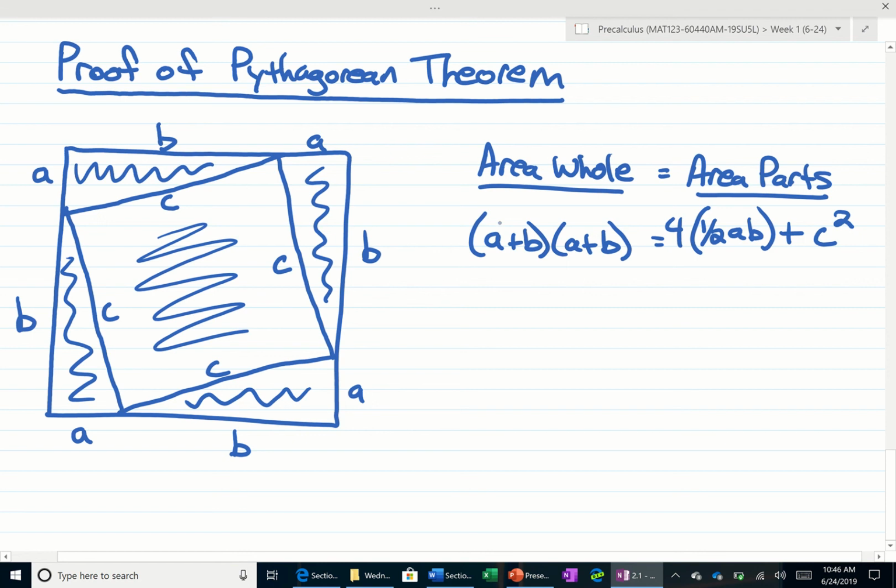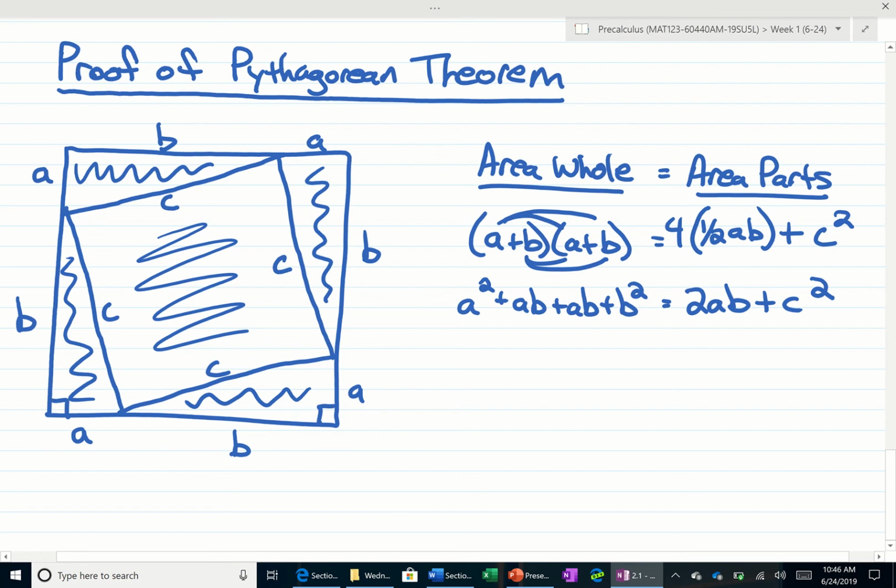And now if we FOIL this out and clean it up, we'll get something pretty interesting. A squared plus AB plus AB plus B squared is equal to 2AB plus C squared. And remember our assumption, this is a square and this is a square.